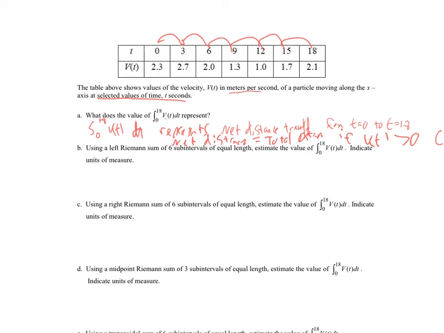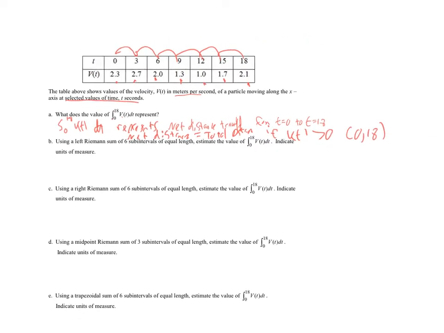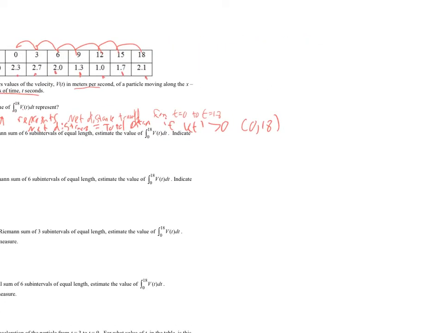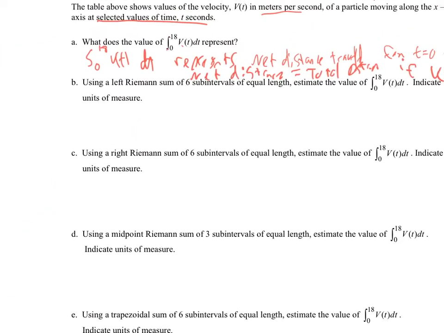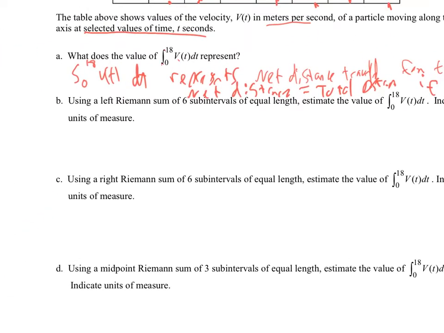And in this case, positive, positive, positive, positive, positive, positive, positive. So I would be okay to call it total distance, if you had said that at the beginning. We are correct. But you never know.